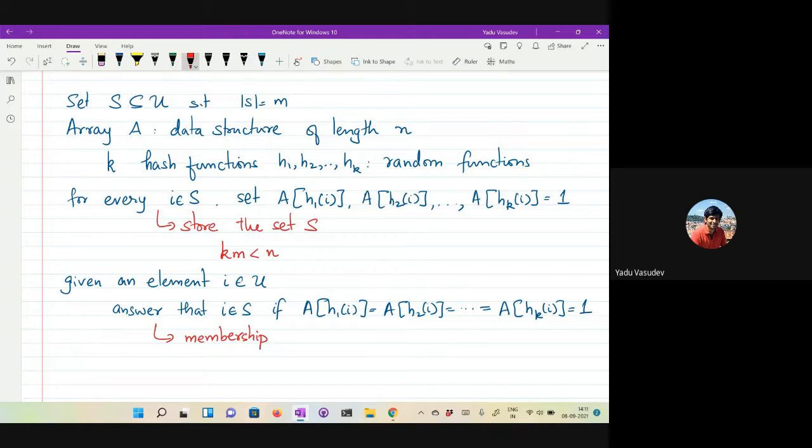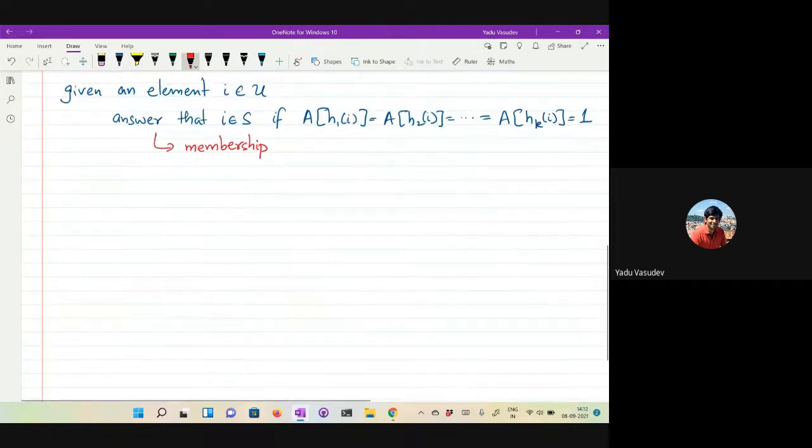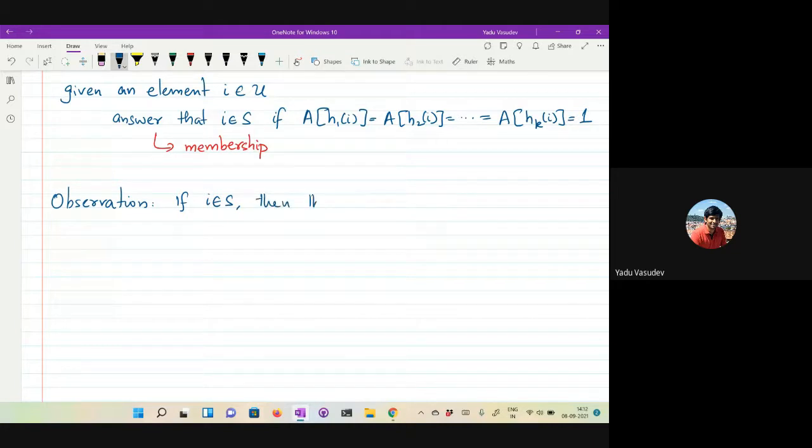Okay. So now the question is, what are the guarantees that you have for this data structure? The first thing you can note, maybe you can write it as an observation, is that if I is in S, then the membership testing always gives the correct answer.